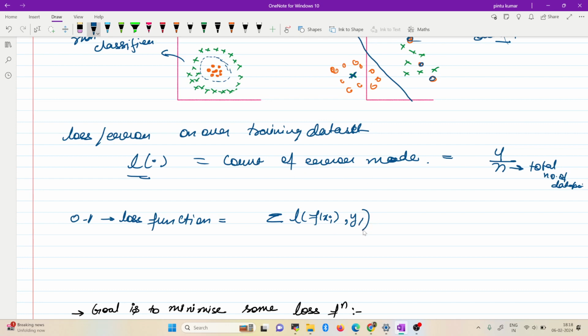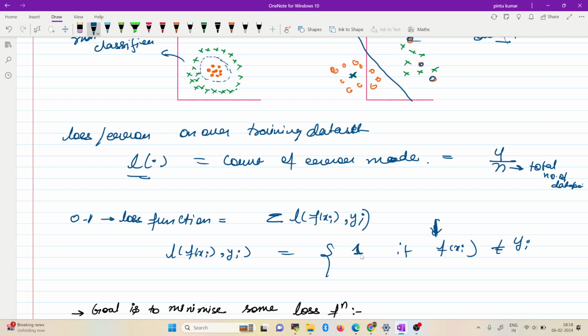Okay. So this is summation over all of these. L of f of xi and yi is defined as 1 if my f of xi, the value that I'm predicting for xi, is not equal to what my original value is.